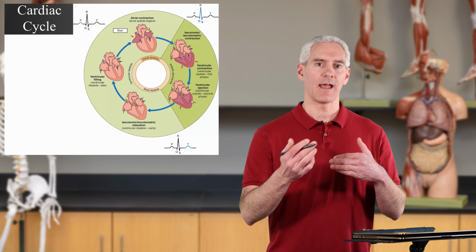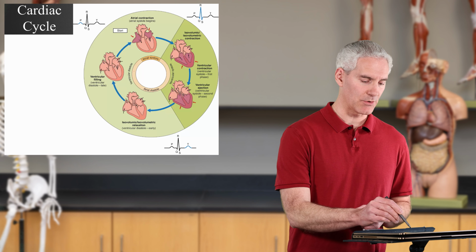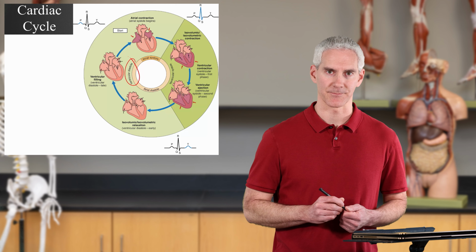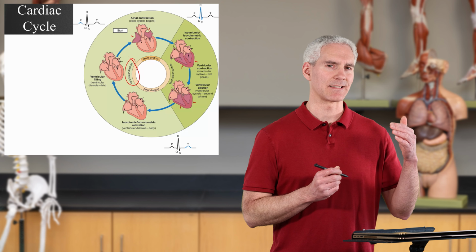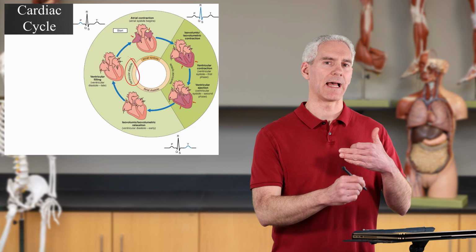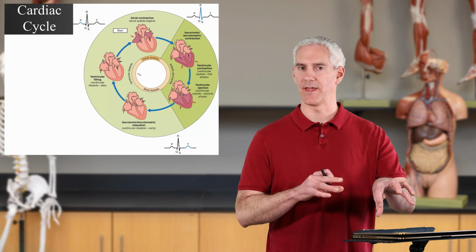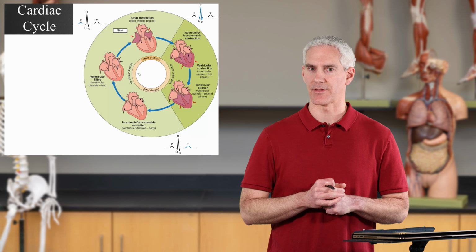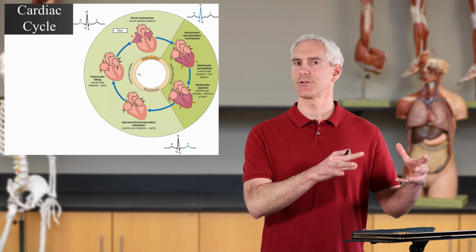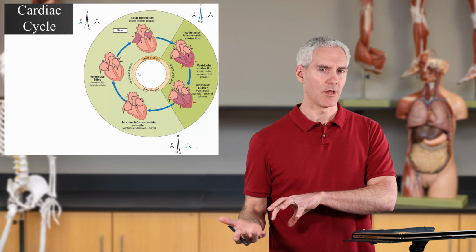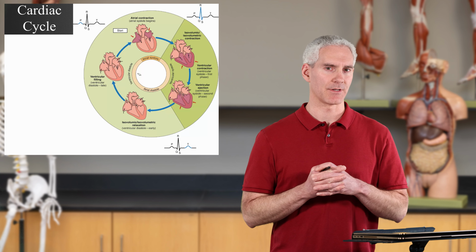That's going to end in relaxation, which is your ventricular diastole. Let's look step by step through here, because these are overlapping. You have to think about atrial systole as one thing and ventricular systole as another. How do the atria work? How do the ventricles work? But they work together. They overlap.